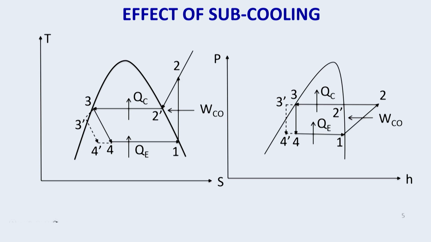If we take the actual process, the condenser side is the high pressure side and the evaporator is the low pressure side. The temperature of the heat sink is normally lower than the condensing temperature, in order to facilitate the heat transfer process.